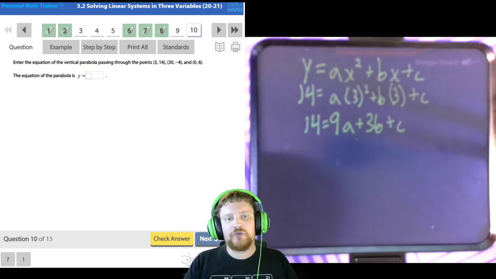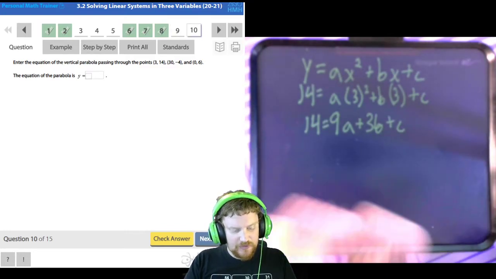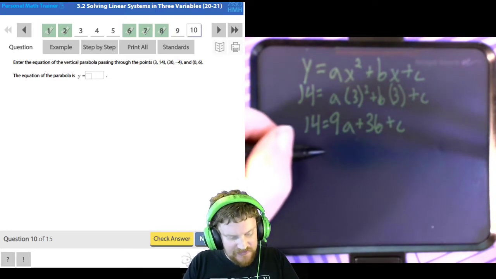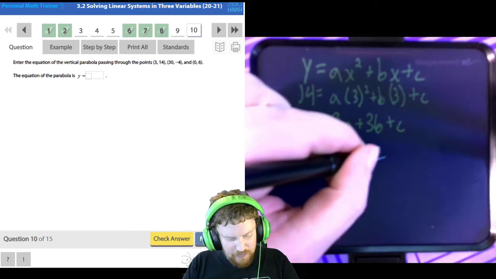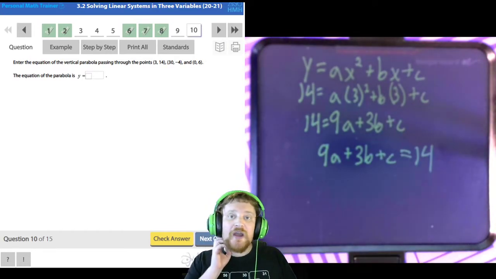But something that you might remember is if I flip these all to the opposite sides, I'll have 9a plus 3b plus c equals 14.